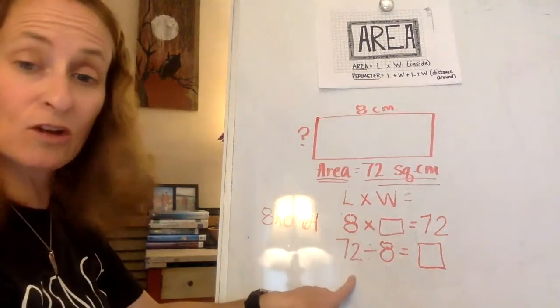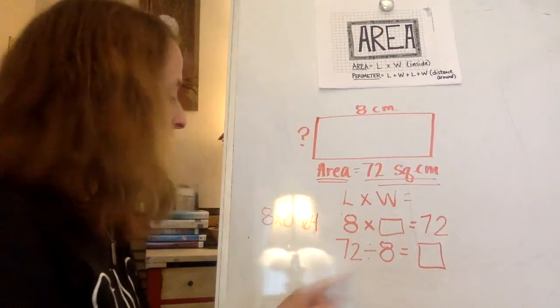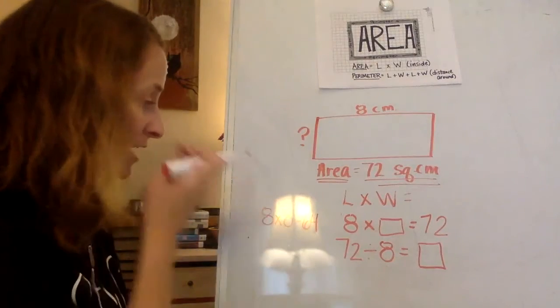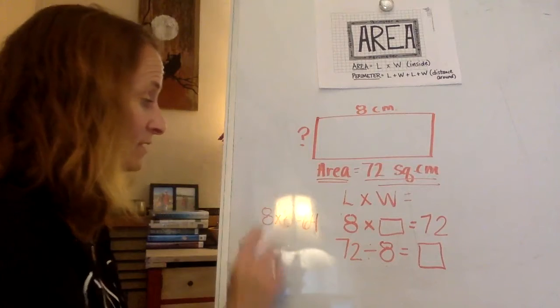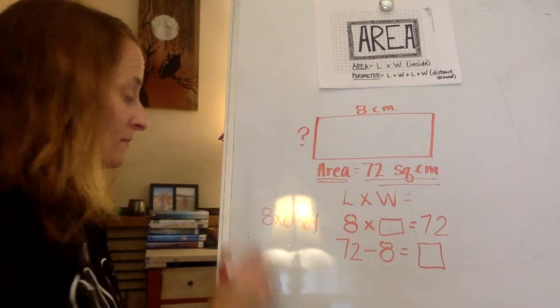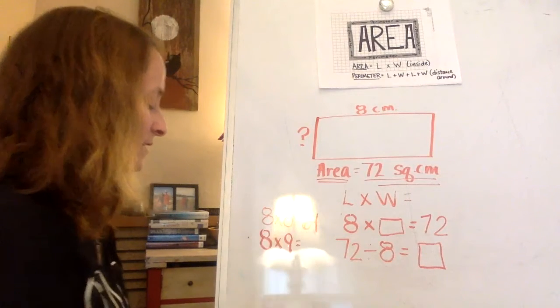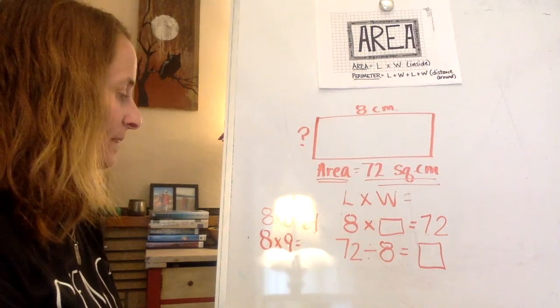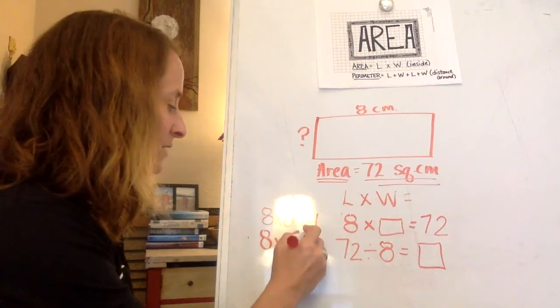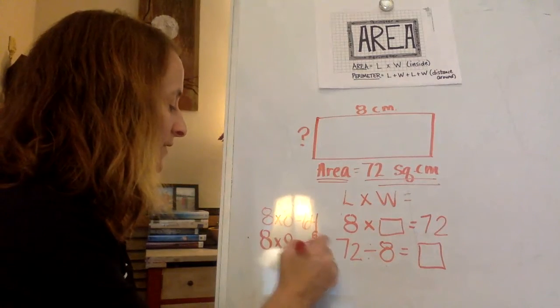Well, that's pretty close to 72. So I'm going to add another group of what? So if I go 8 times 9, okay, I'm going to add another group of 8, and I'm going to get 72.